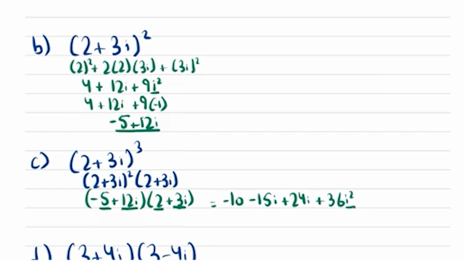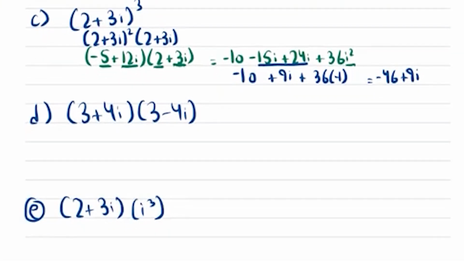What does i square mean? Minus 1. So it's going to become minus 10 minus 15i plus 24i makes 9i, plus 36 minus 1. So minus 10 minus 36 is minus 46 plus 9i. Got this?